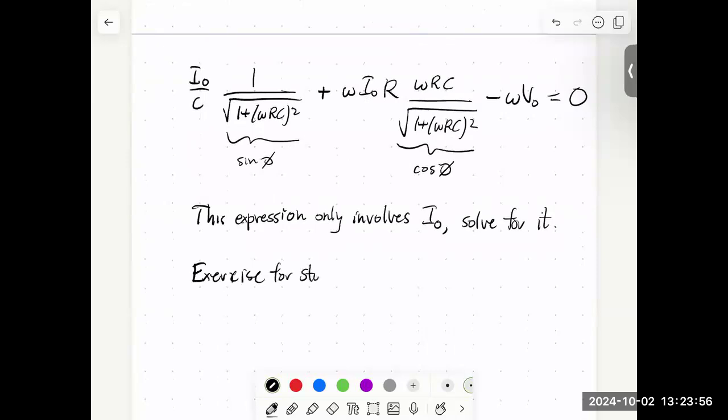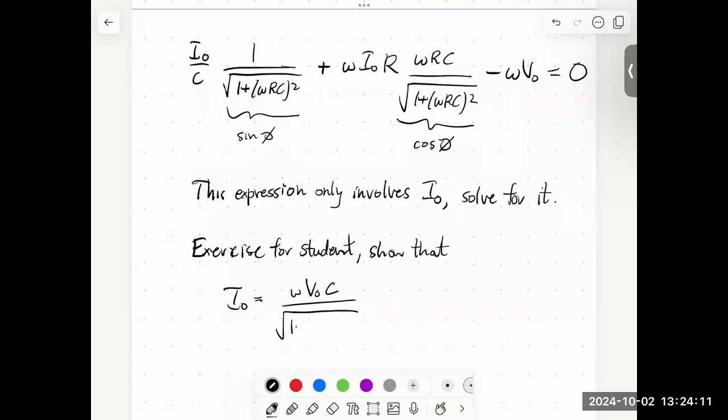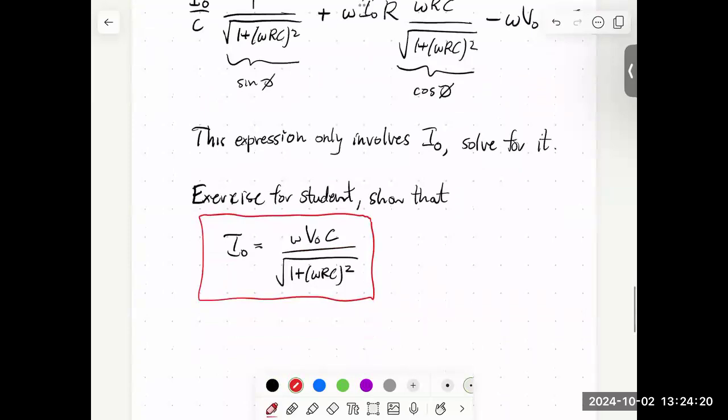The exercise for the student is to show that I naught is equal to omega v naught times C divided by the square root of 1 plus omega RC squared. And let's just summarize the other important result, and that was tan phi is 1 over omega RC.